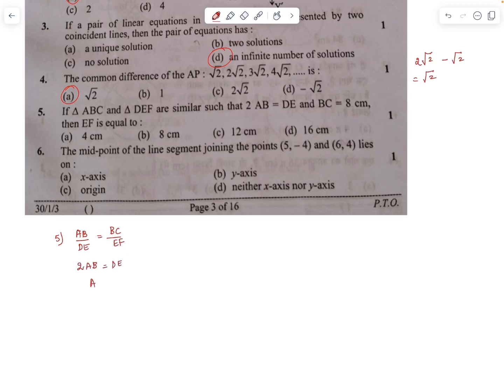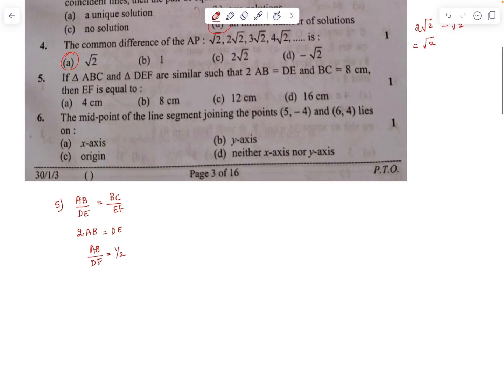From this we can get AB upon DE, which is 1 upon 2. So with this, let us equate BC upon EF to 1 upon 2, and BC is given as 8 centimeter. 8 upon EF is equal to 1 upon 2. So EF is equal to 16. So the answer is D.